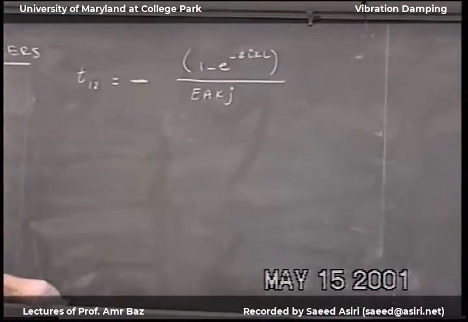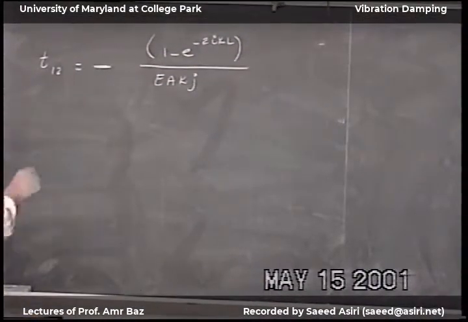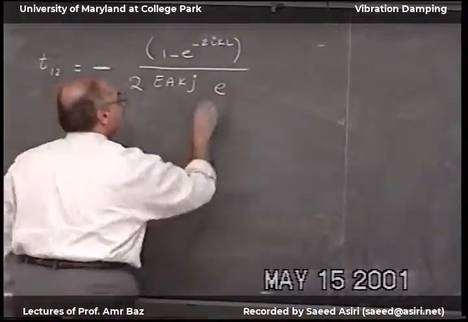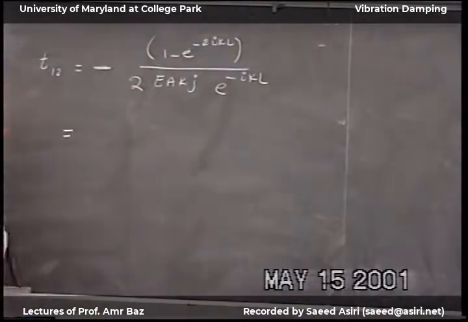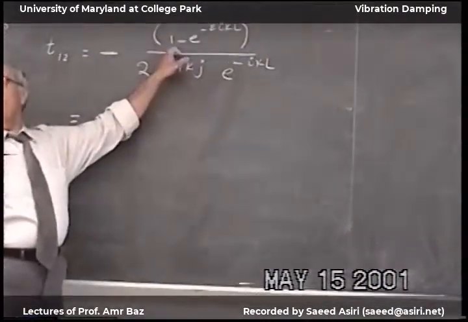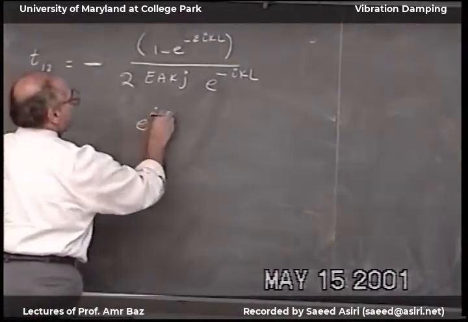And then outside we have 2 e to the minus iKL. So this will equal to, I'll bring this again to the top. Now it is the difference between the exponential, e to the iKL.